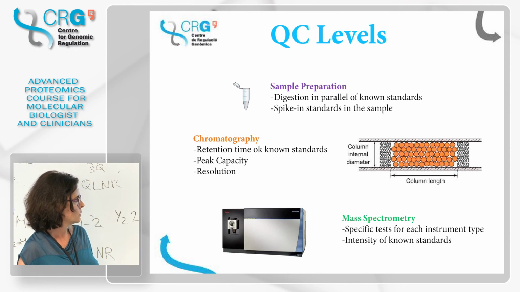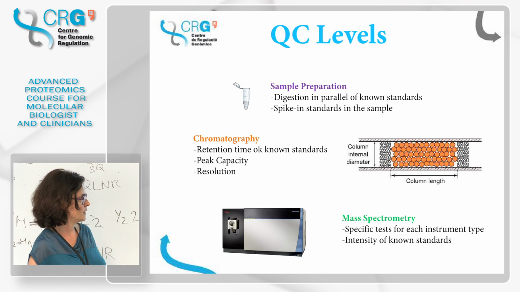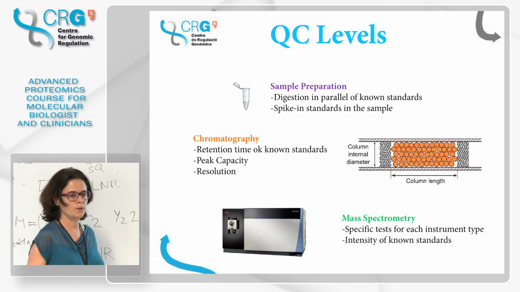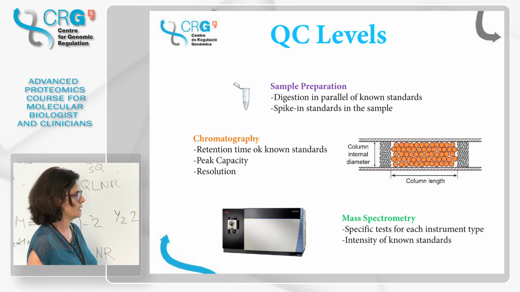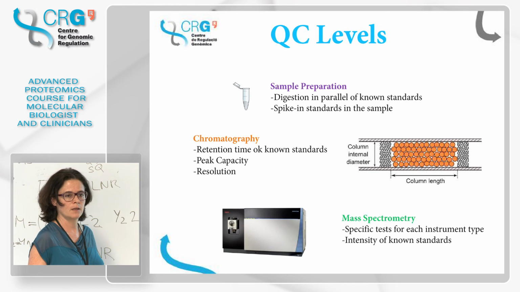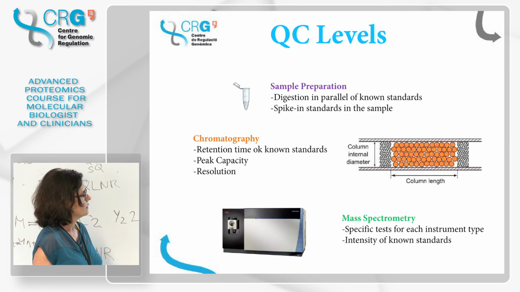The quality control needs to be done at the sample preparation level. How can we do this? For example, digesting in parallel different standards with our samples, or even spiking standards into our sample, for which we know which results we have to get. We also need quality control at the chromatographic level.